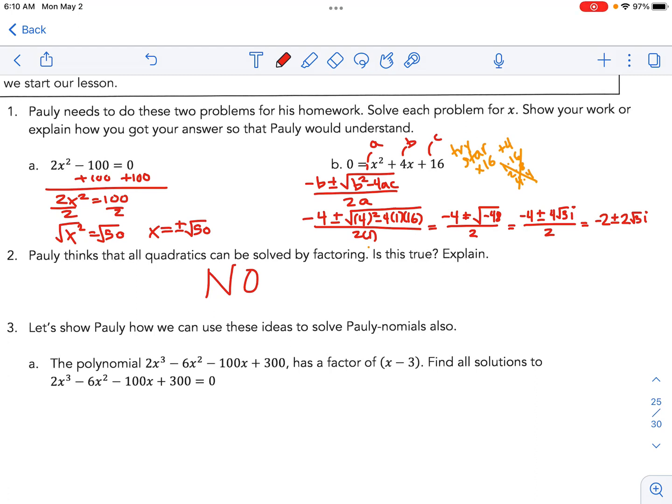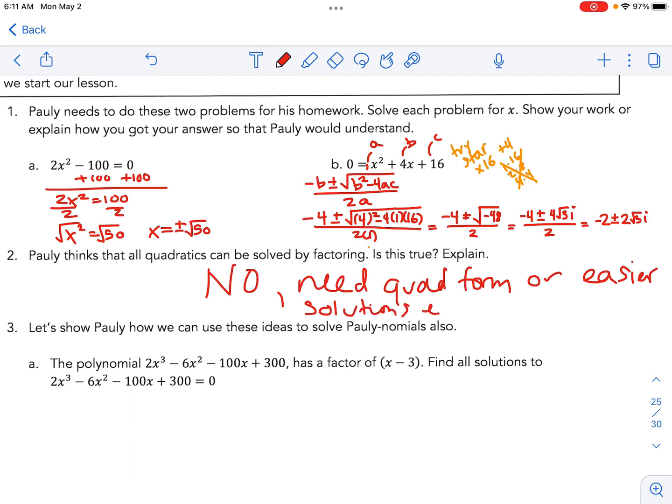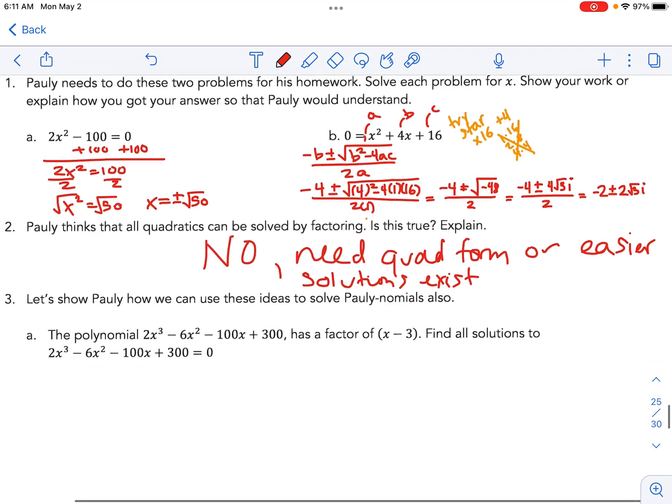And there are some that are just easier to do without factoring. Like, we could factor A, but it was just easier to isolate x squared algebraically. So sometimes we need the quadratic formula, or easier solutions exist other than factoring.